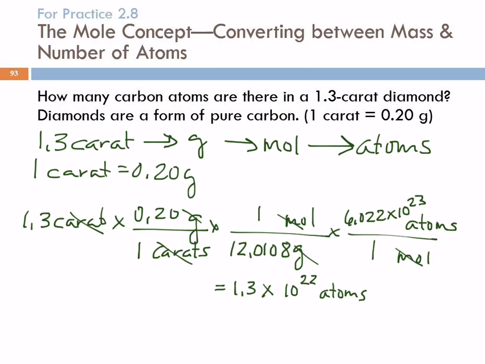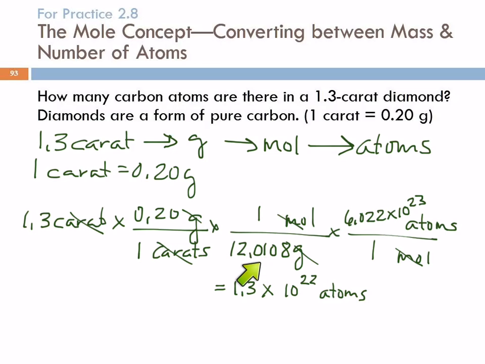Yes? Does it matter how many significant figures we put for the weights of elements? That's a good question. Does it matter how many significant figures I put in here? It does and it doesn't. In this calculation, I have this number with 2 sig figs and this number with 2 significant figures. I do not want to have my molar mass limit the number of significant figures.